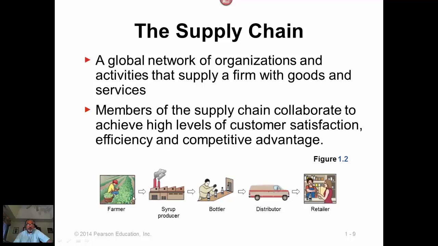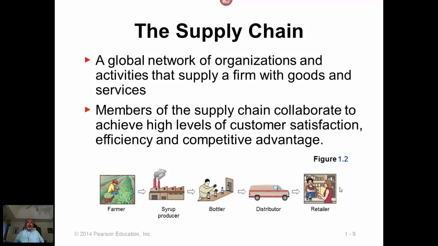The farmer's output forms the input for this link, and it produces output. And this output becomes input for this link in the supply chain. And those inputs are transformed into output, and so on until we get to the final stage where there is input and then the output is satisfaction of customer needs.